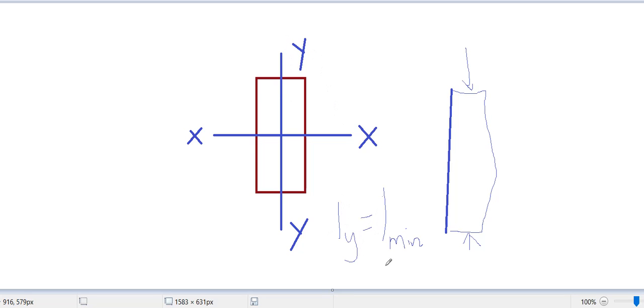By common sense, we can tell it. If you are not sure which axis is critical or which axis has smaller I, no problem. Determine moment of inertia about both axes and take the minimum one. Then again, if you need r minimum, which is radius of gyration, take I minimum divided by area and take the square root.